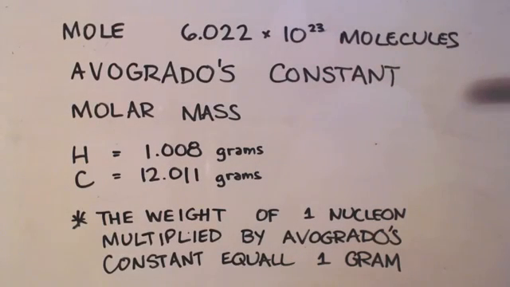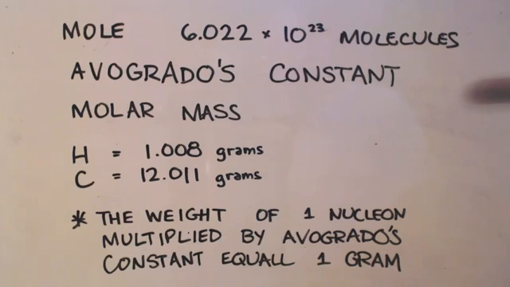And that's where Avogadro's constant comes in, right? The weight of one nucleon, and a nucleon is either a proton or a neutron, just an FYI. People call that a Dalton or, what is it, an AMU, atomic mass unit. Multiplied by Avogadro's constant, it equals 1 gram.